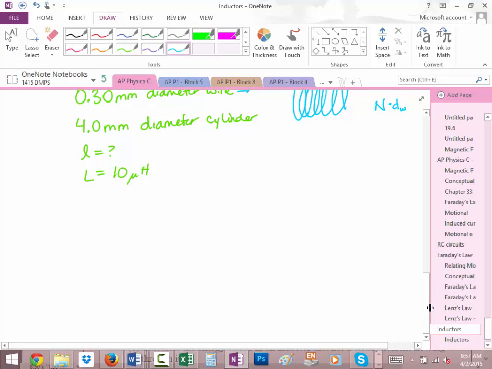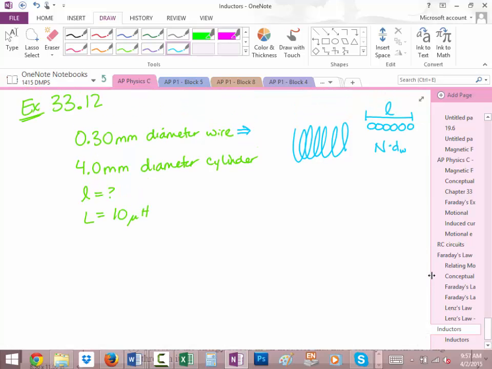So just to go through some of this, and I know some of you are still working, and that's okay too. I'm just going to walk it through because it's good to do. So L is mu naught N squared A over little l, right? Little l is the number of turns times the diameter of the wire.